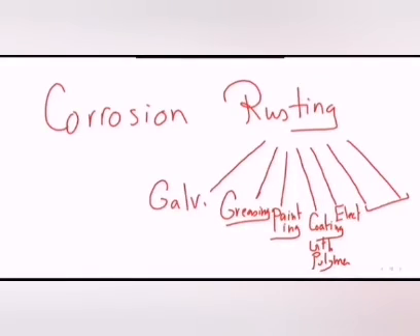Only one of these methods, even after the surface is scratched and iron beneath is exposed, still iron beneath doesn't rust. Why is that? Because of the formation of a layer of zinc oxide. That's the galvanization method. Galvanization is done by coating iron with a layer of zinc. Zinc is more reactive than iron.